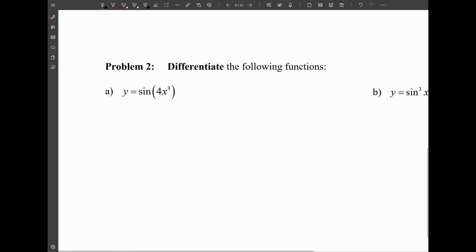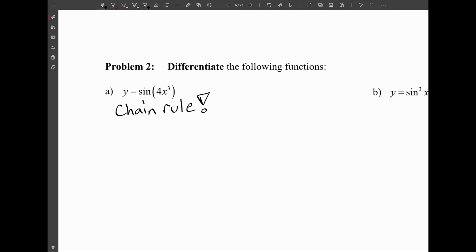Otherwise, all the rest of the differentiation is the same as we've always done. Only thing we've changed now is we've added some trig. So let's look at problem 2 here. Differentiate the following functions. y is equal to sine of 4x cubed. So I'm going to bust out my chain rule here. Just like when we did derivatives and chain rule the first time, we start going slow, and then eventually we're going to dump a lot of these intermediate steps.